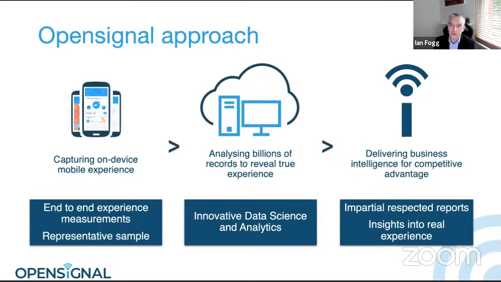Most operators will have network probes, they will have their own drive testing. That will give them a very deep understanding of their own network. What we can do with a standard methodology is enable comparisons across networks. For a regulator, it also means when a regulator looks at OpenSignal reports, you can tell how countries compare because we have the same methodology in each country.